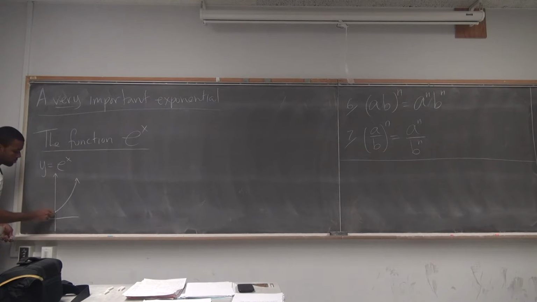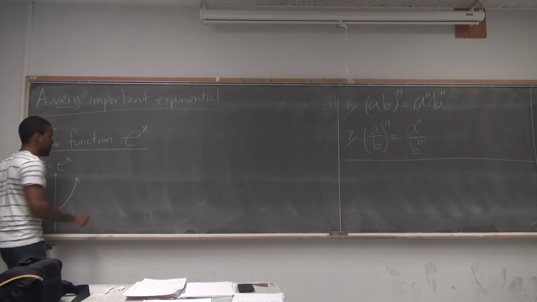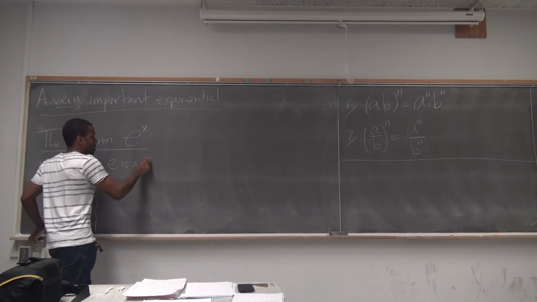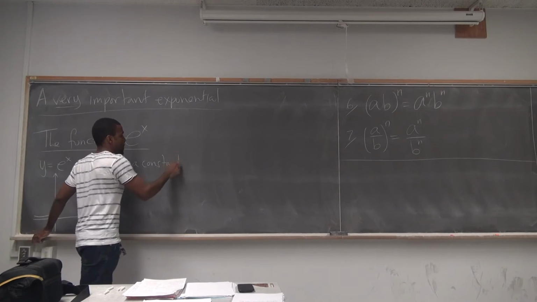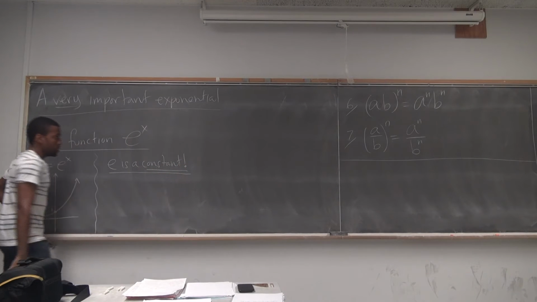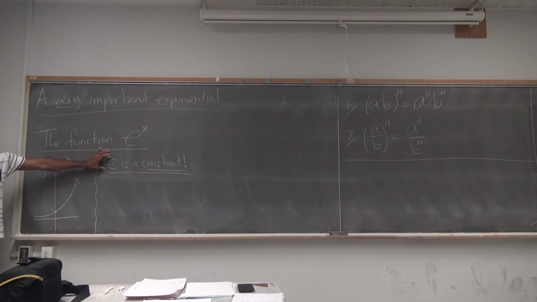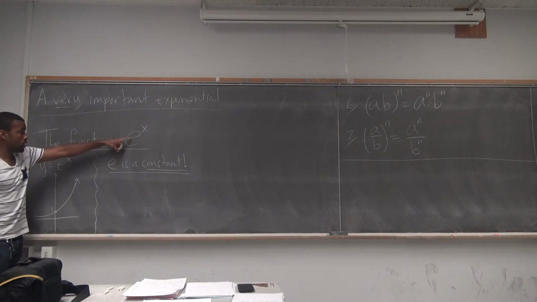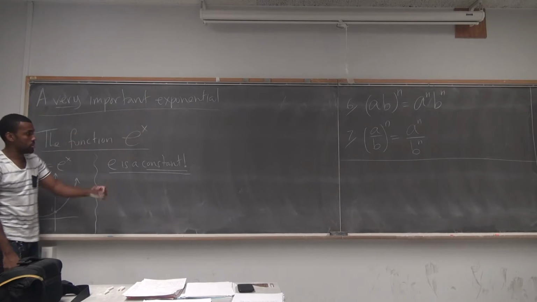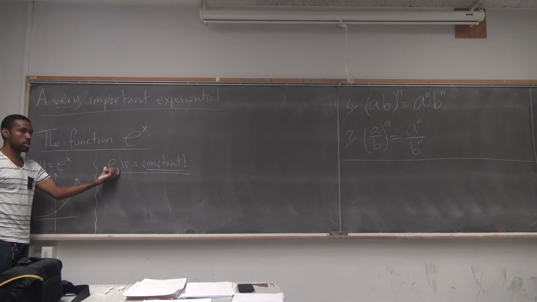Because e is actually a constant. That's important to know. So e is a letter, but it's actually a constant. What makes this a variable function, what makes it an exponential, is the power that I can put on the e. But e itself is a number, a constant.